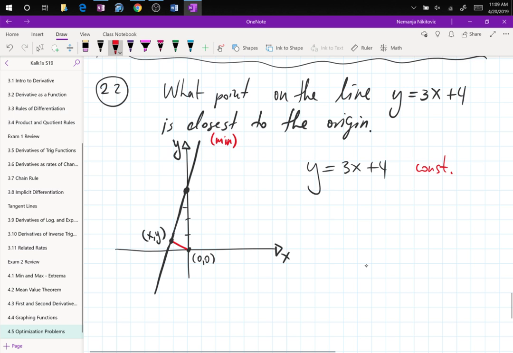What am I minimizing, guys? Distance, exactly, thank you. This distance d is the distance between x, y, and 0, 0.